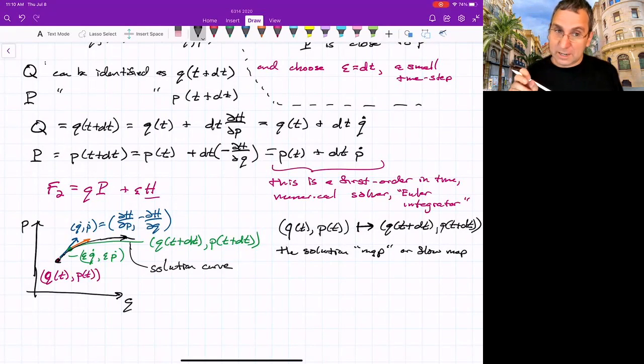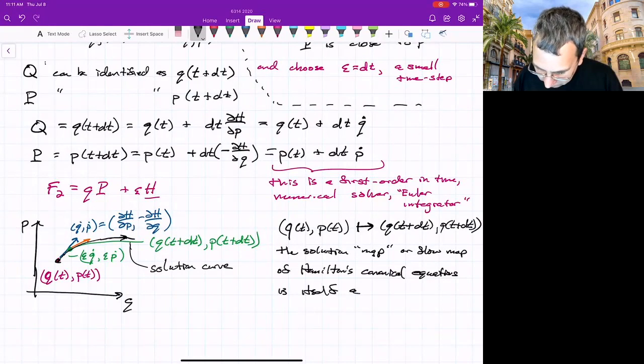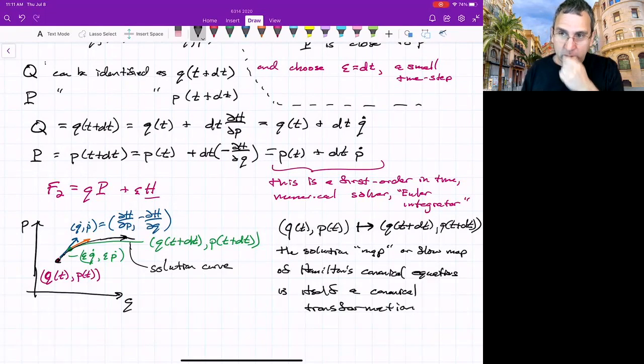And if it works over infinitesimal times, you just link them all together and it works over larger times. The flow map of Hamilton's canonical equations is itself a canonical transformation. And that's kind of weird.